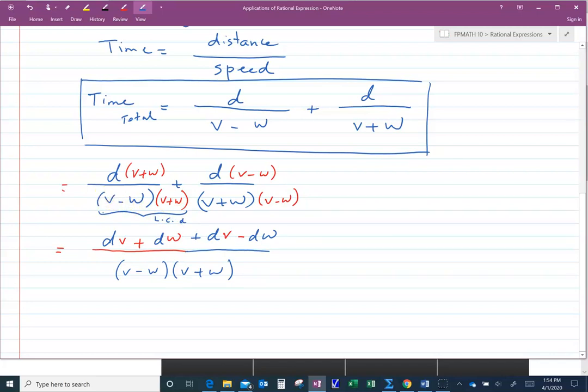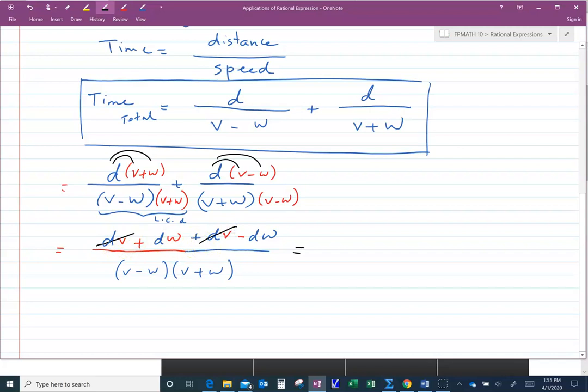Multiply top and bottom of each expression by the factor that is missing: v plus w for the first one and v minus w for the second expression. Then multiply each through to expand, add, and collect like terms. Once you do this, dv plus dw plus dv minus dw. dv and dv are the same.